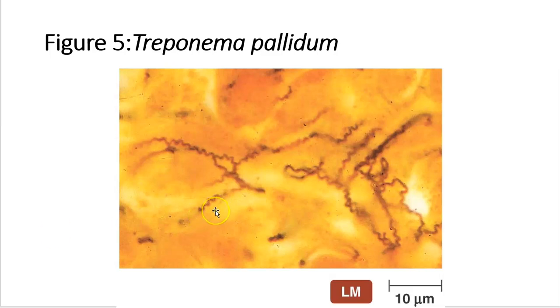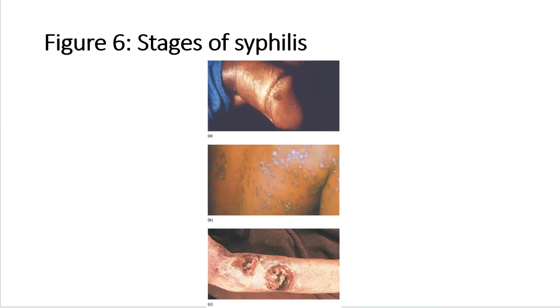But way back when, before we had those immunological tests for syphilis, we would take the material and do a fluorescent stain, and these guys would glow and get picked up. So there's the primary, there's the secondary, and here's the gumma. They're pretty nasty.